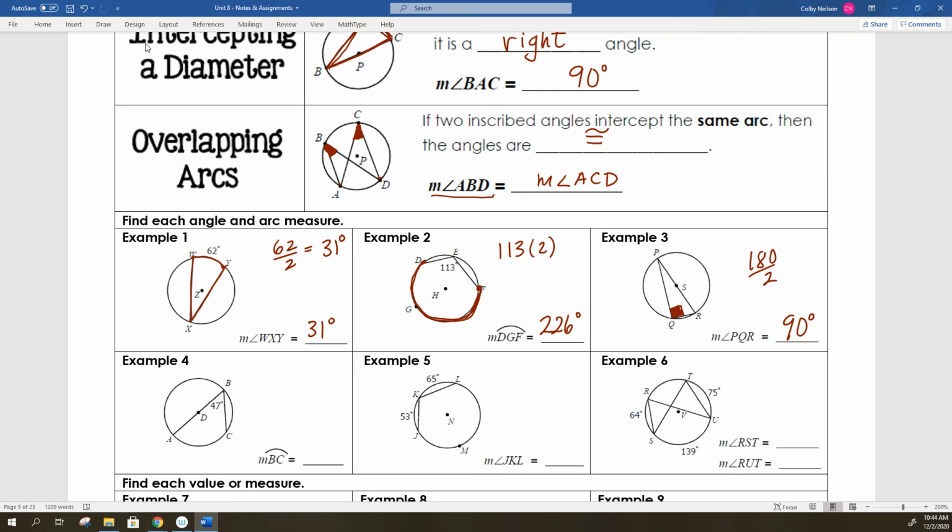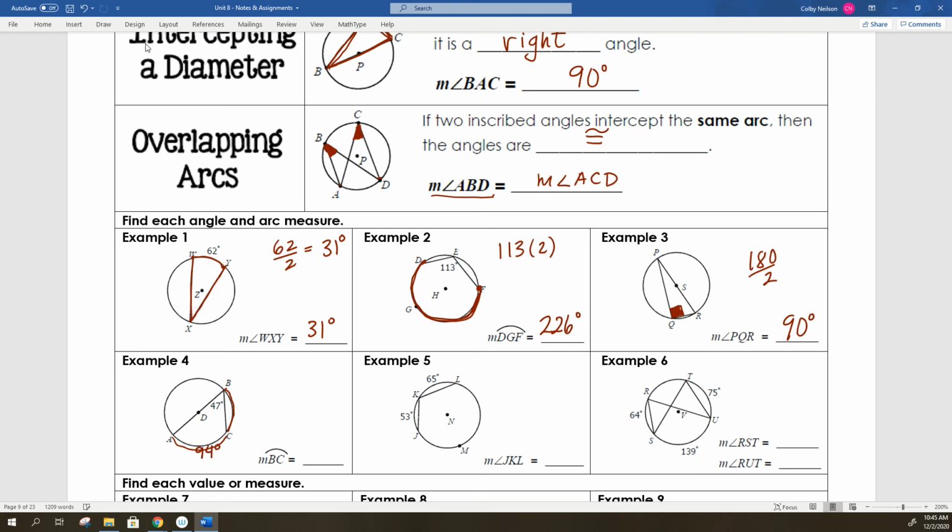Okay, we want the arc BC. We want this arc. Well, it doesn't have an inscribed angle. So what does have an inscribed angle? A to C, right? So we know A to C. What's A to C? Half of 47. No, it is not. Double. 94. So this one's 94 degrees.